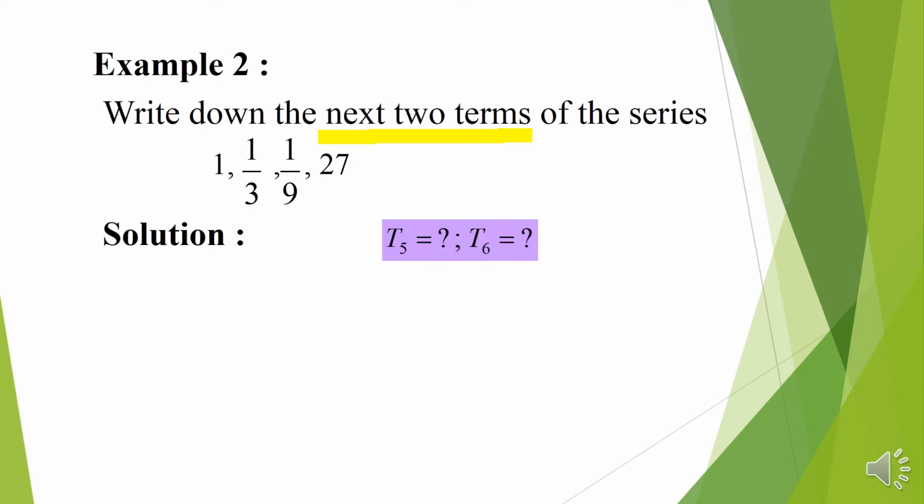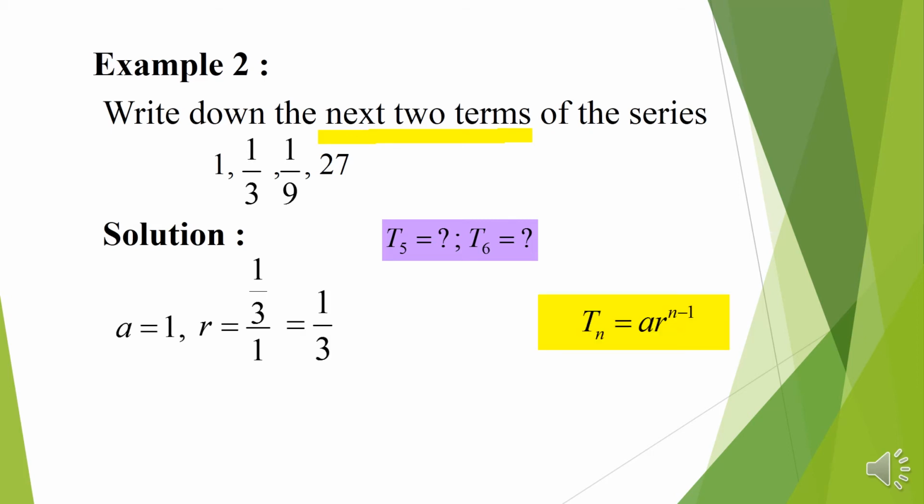So here we determine T5 and T6. Before that, we need to determine the first term a, which is equal to 1, and also the common ratio r, taking 1 over 3 over 1, which is equal to 1 over 3.